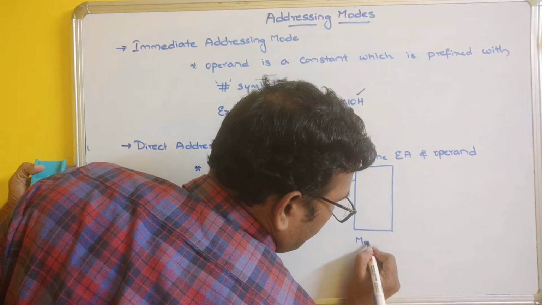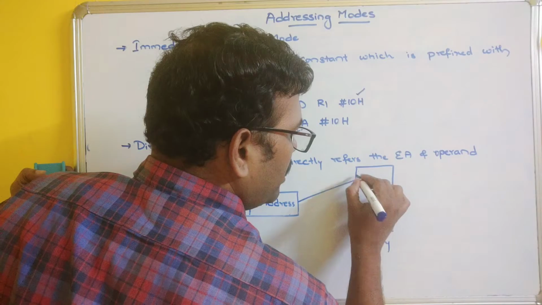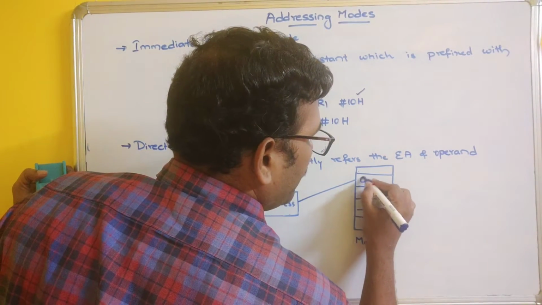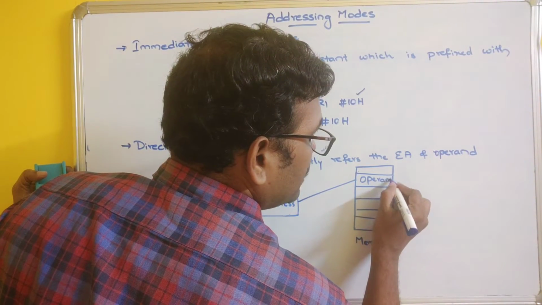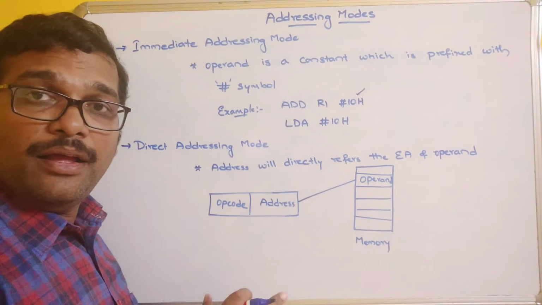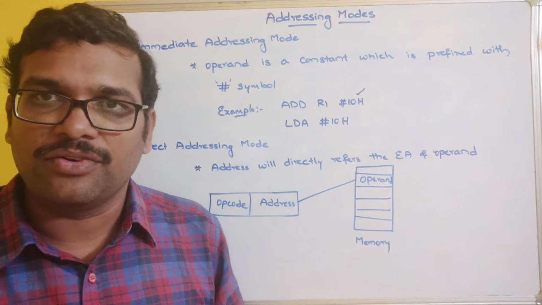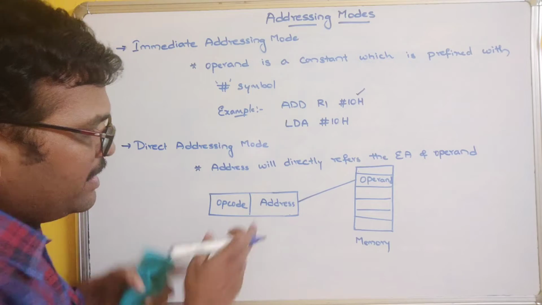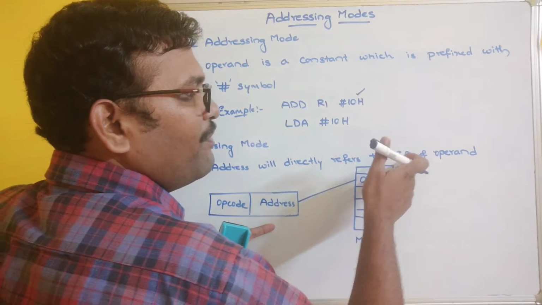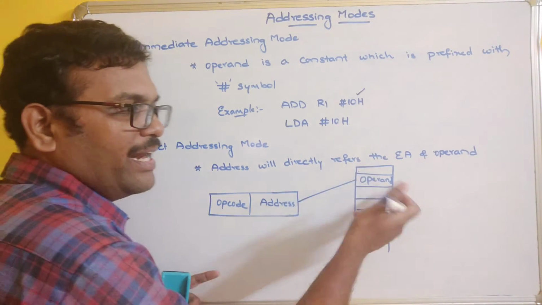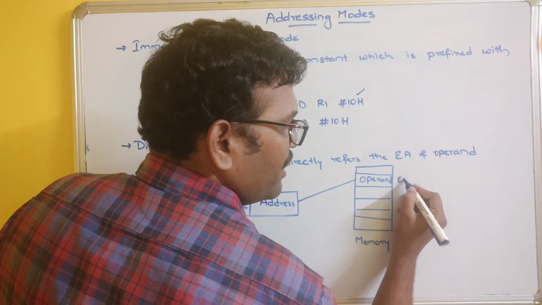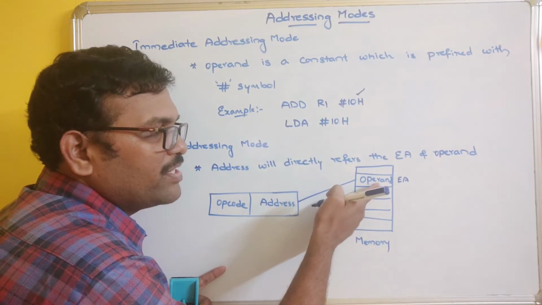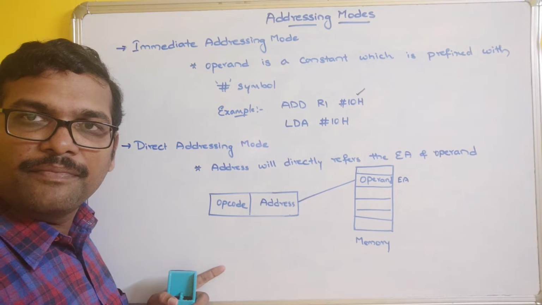So this is a memory, and in this memory we have the direct operand. This operand can be a constant or any register, no problem, but it is not an address. So directly this address refers to the effective address of the operand. Whatever address we give here is a direct reference to the operand itself.